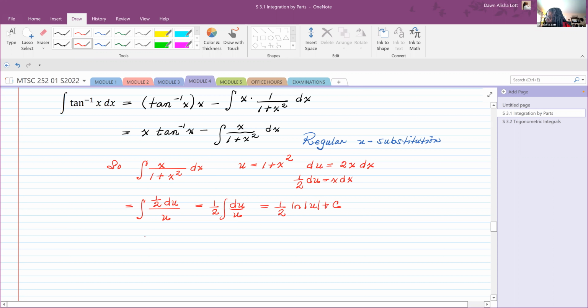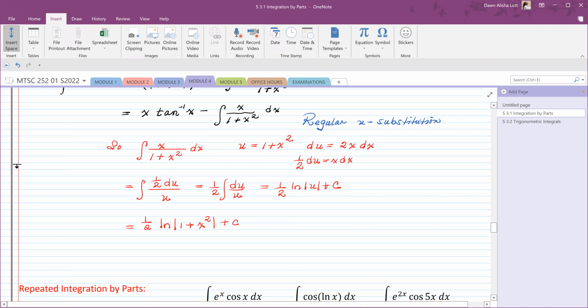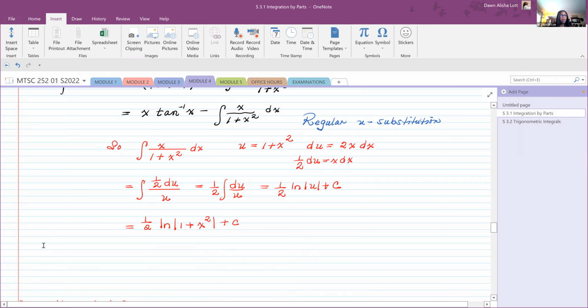So this turns out to be 1/2 the natural log of the absolute value of 1 plus x squared, which we automatically know is positive, plus a constant. Now we're done, so we can put that in for our final answer. Notice I just had to do a little u sub after I finished my problem.